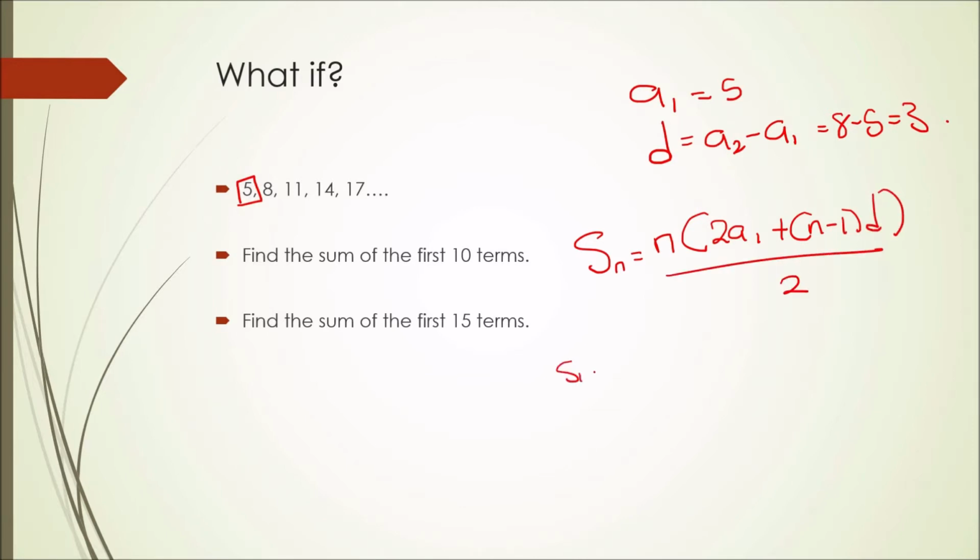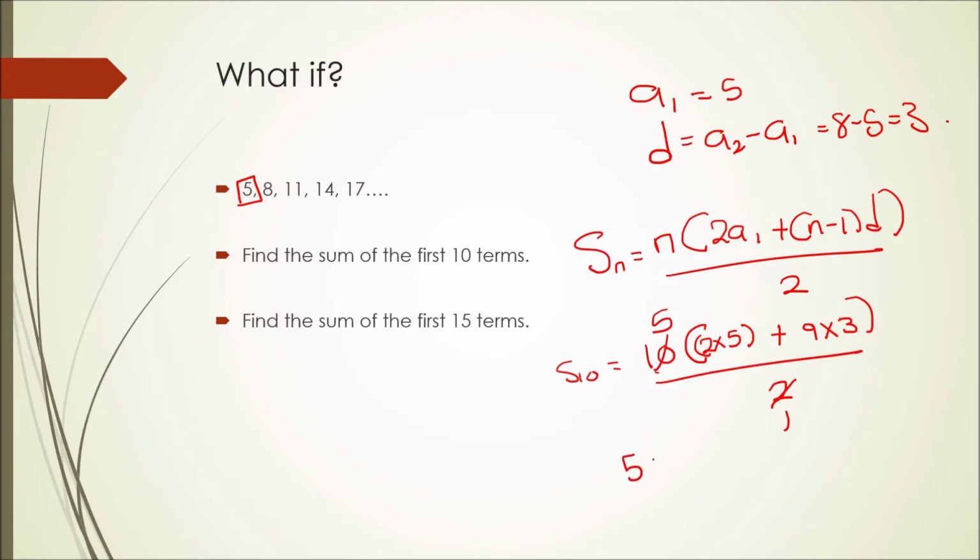So S10 will be 10, 2 times, what's our A1? 5. Okay, 5 plus n minus 1, that's 10 minus 1. 10 minus 1 is 9 times our D is 3. Everything over 2. So I can see here 10 divided by 2, I can bring here 5.